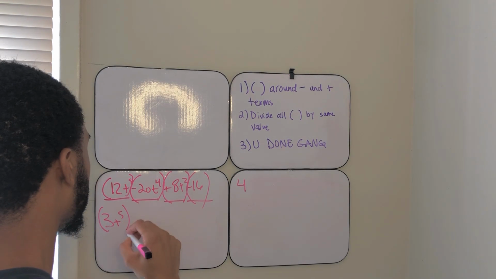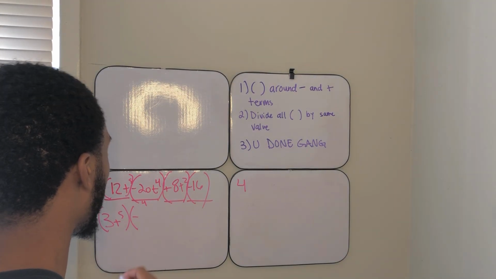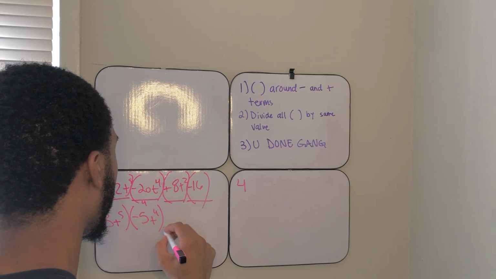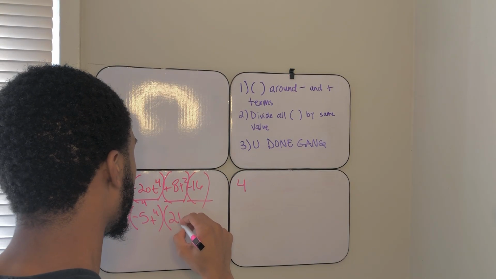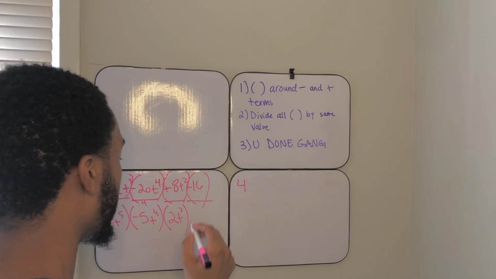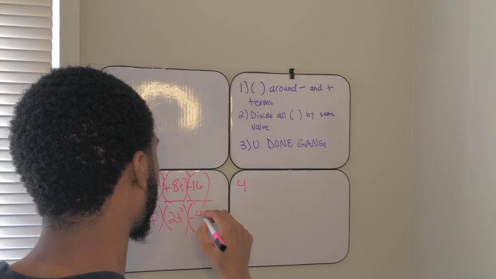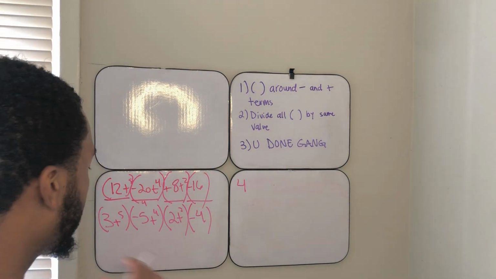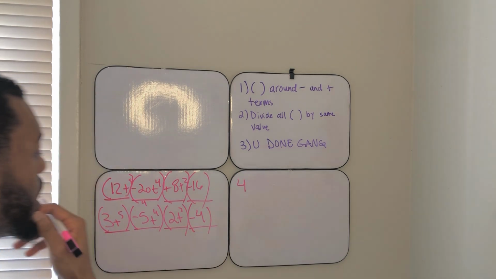We keep the parentheses. Negative 20 divided by 4 is negative 5t to the fourth power. 8 divided by 4 is positive 2, and we leave the t squared. Negative 16 divided by 4 is negative 4. Cool, that's that.